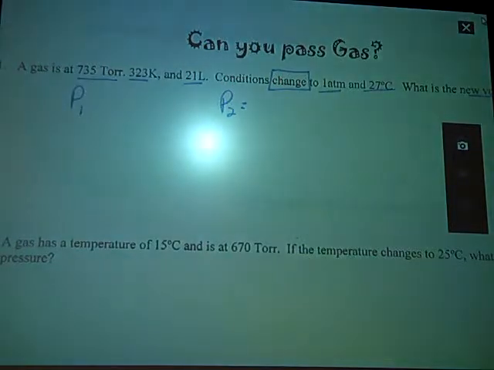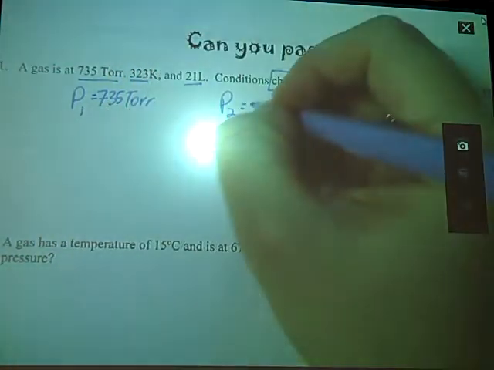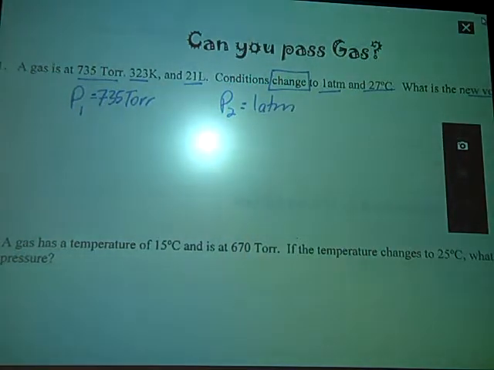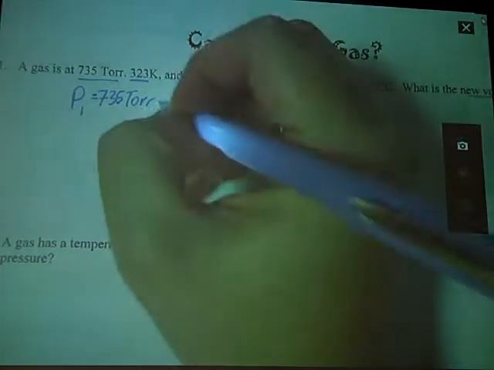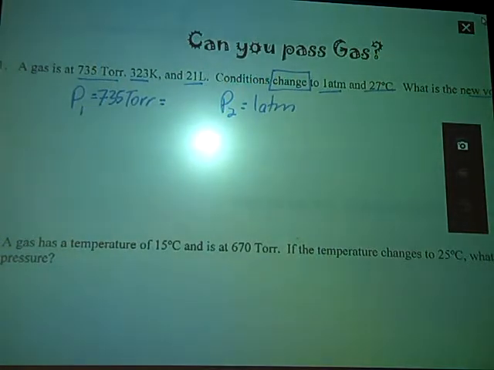We're going to have to convert one or the other into the same unit. It does not matter which way you go, again, so long as you are consistent. Personally, I'm a big fan of atmospheres. So 760 torr is 1 atmosphere, so 735 divided by 760.